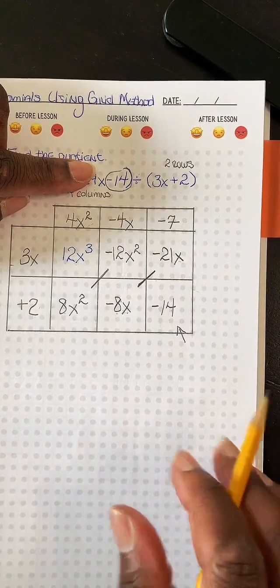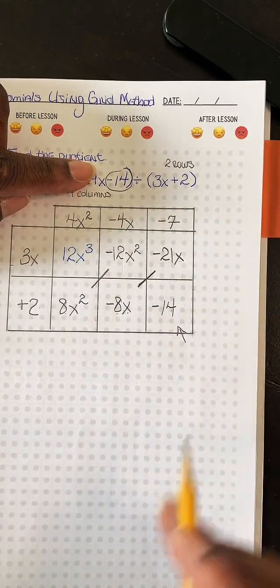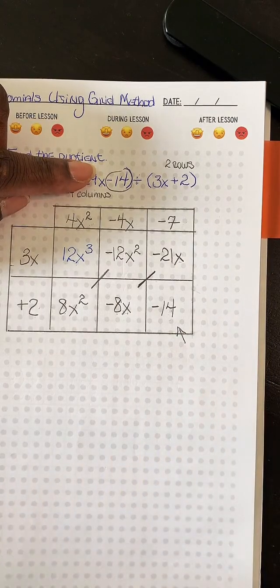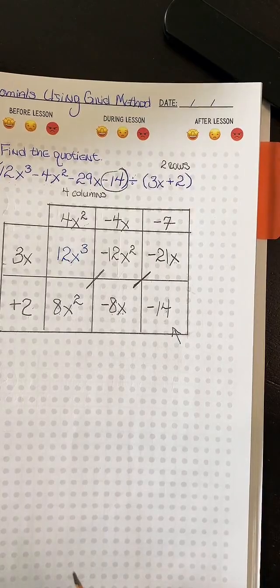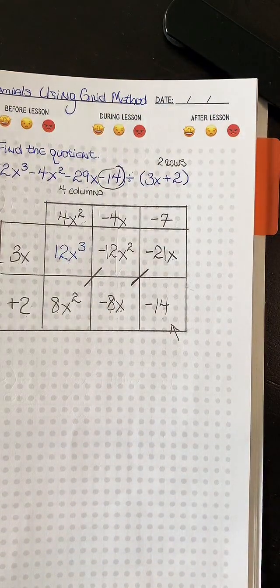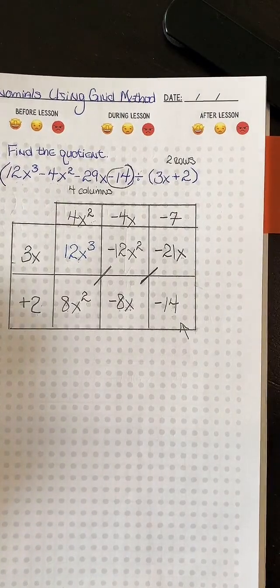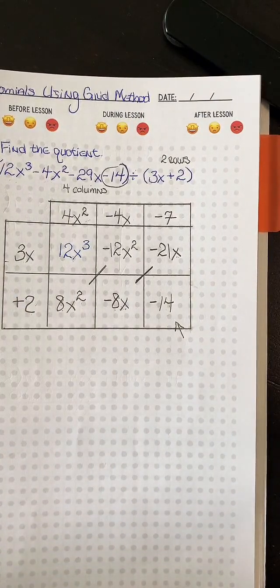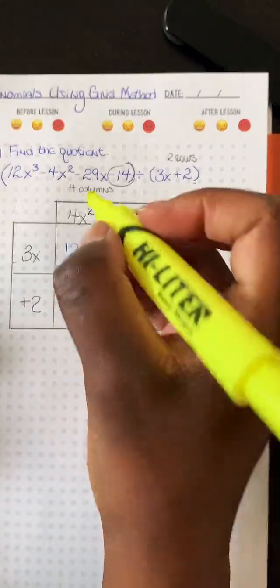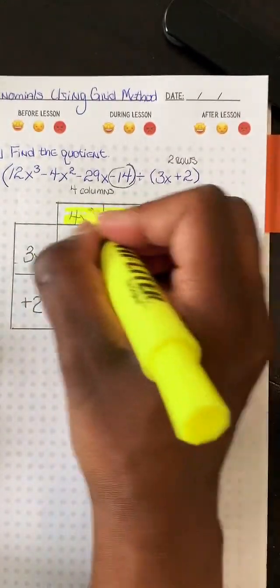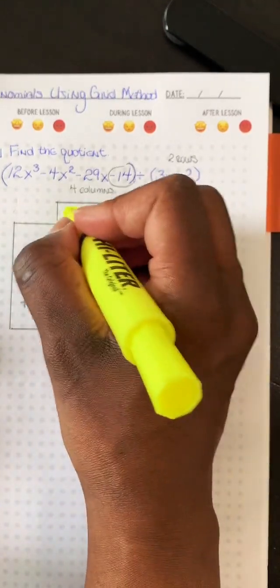If it doesn't, that means you might have to add on, or whatever is left over is called your remainder. In this case, we don't have a remainder. So it looks weird, but your quotient is up above, right here, just like if I were to do long division.